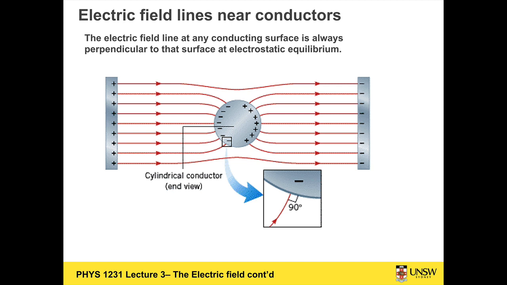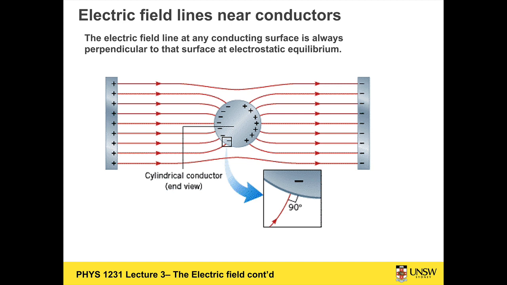So we had both fixed charges, and we had conductors where charges can move around, and the important property of conductors is that the charges move around so that they exclude the electric field from inside the conductor, and this had a number of implications. One was that the electric field near any conducting surface is always perpendicular to the surface when we have electrostatic equilibrium.